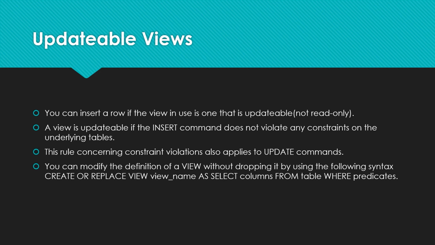This rule concerning constraint violation also applies to update commands. You can modify the definition of a view without dropping it by using the following syntax: create or replace view view_name as select columns from table where predicates.